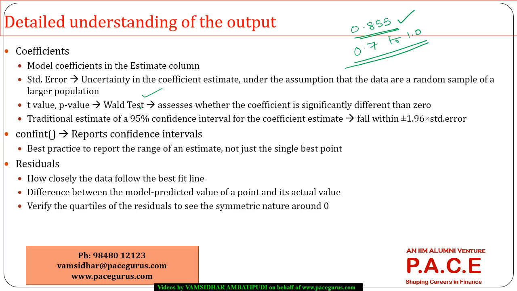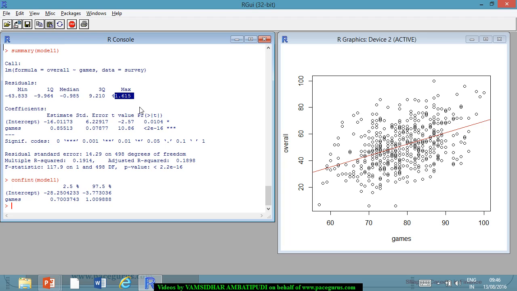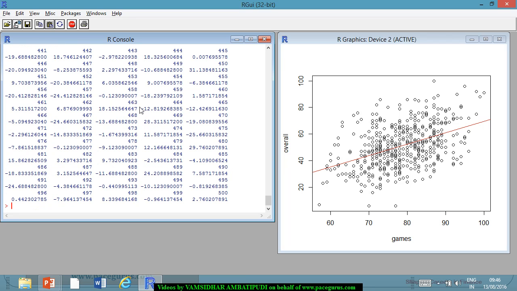So let me take the residuals. I can take model $1 residuals. If I take that, I get the list of residuals for each of these values. Now there are different kinds of plots that I can do on the residuals as well.